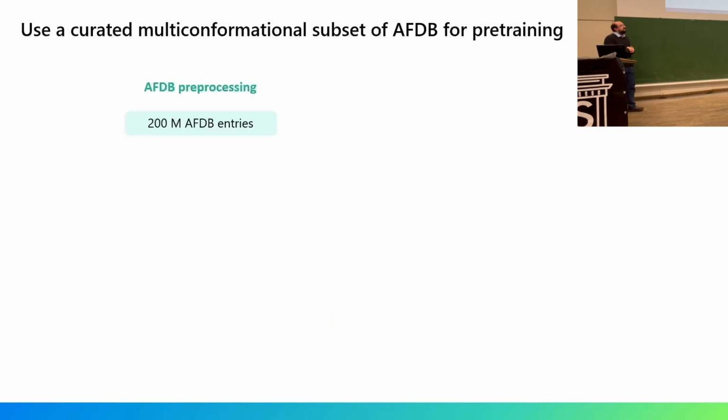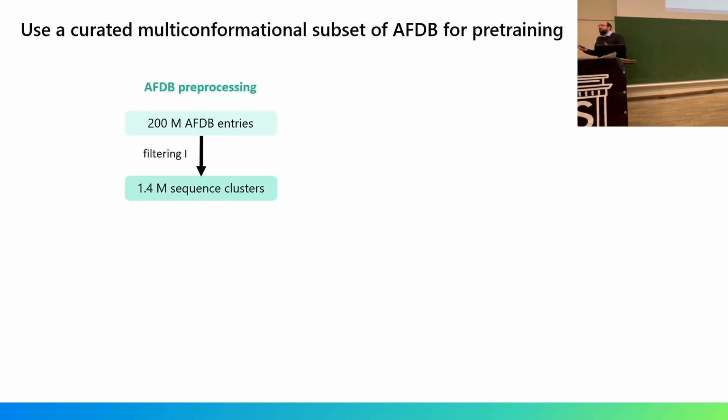So in the first step, we curated this data set to have an augmented training procedure. So starting from the 200 million entries, we first of all tried to group everything together where the sequence is similar. So we ended up with around 1 million sequence clusters.